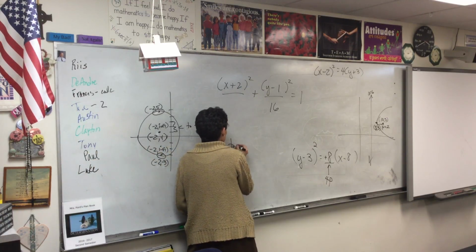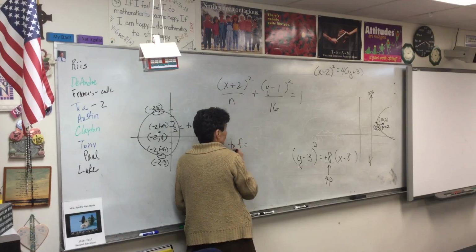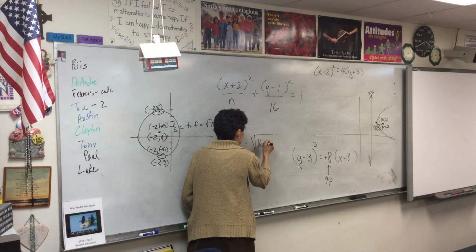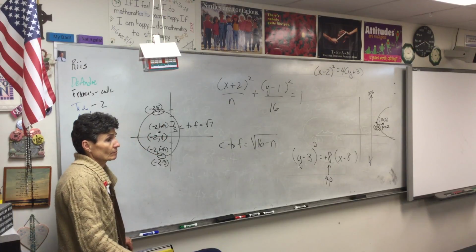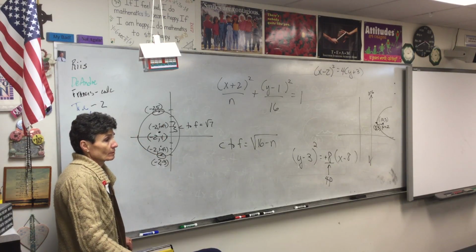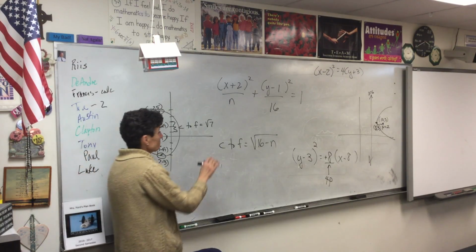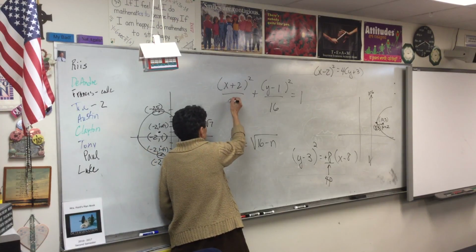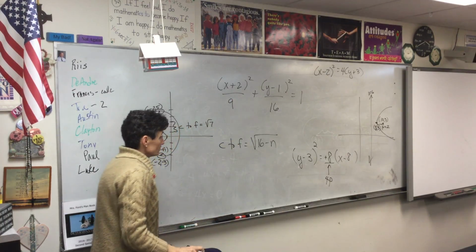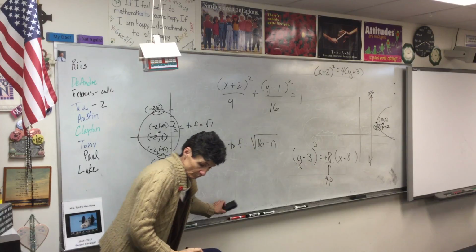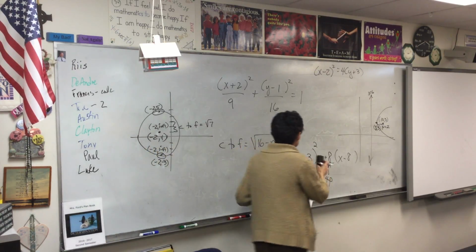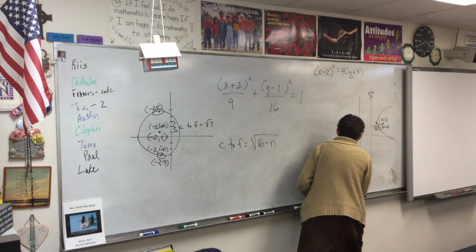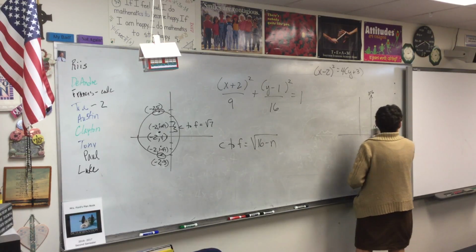So the center to the focus is going to be, I'll call this n for a moment, the square root of 16 minus n. Which means n has to be 9. Okay.